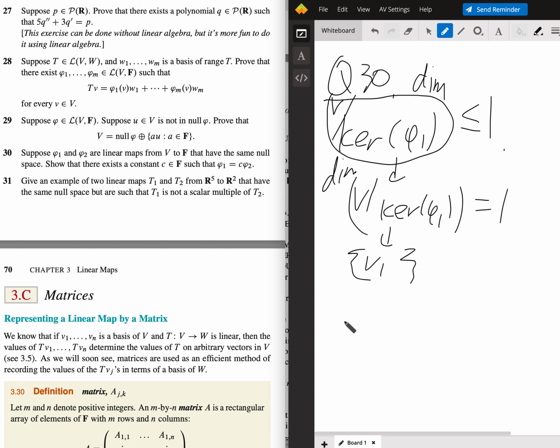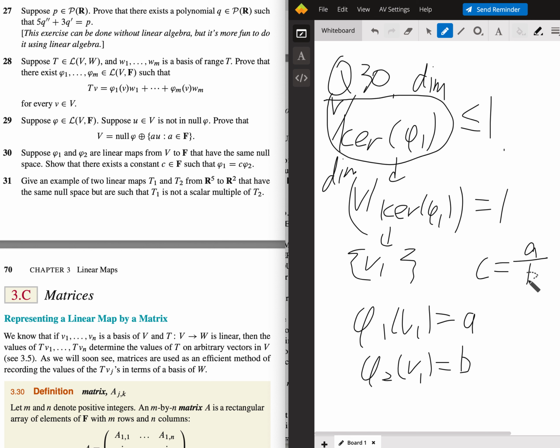If phi1 of b1 equals a, and phi2 of b1 equals b, then simply allow c equal to a over b, which will work out.